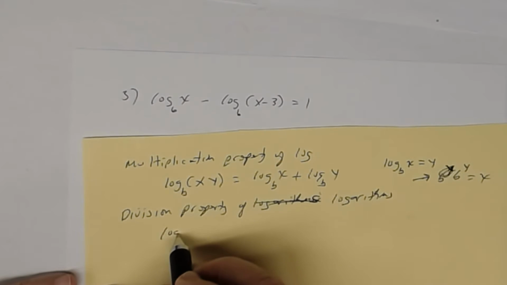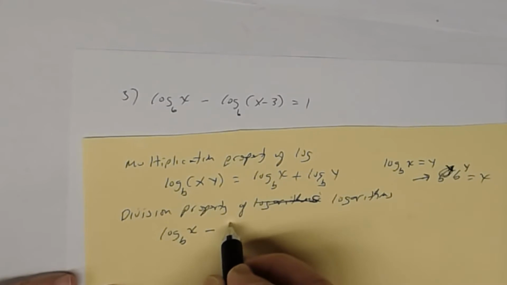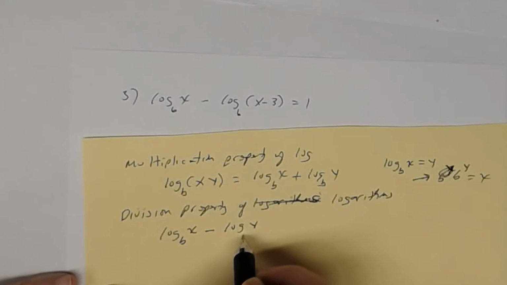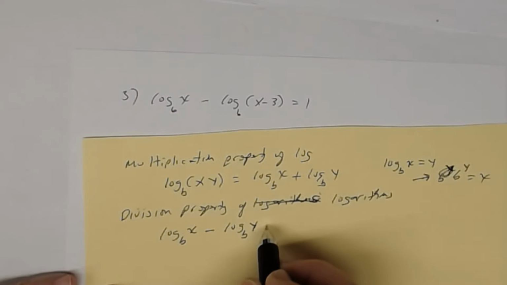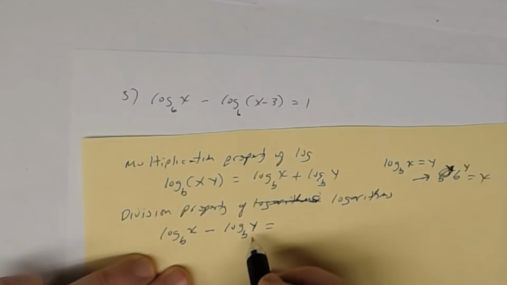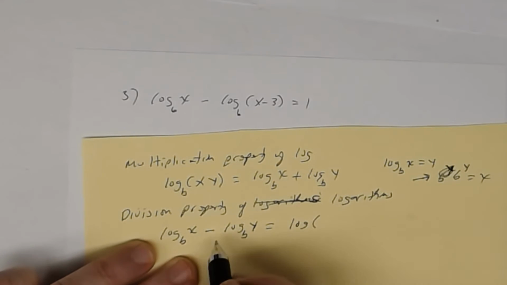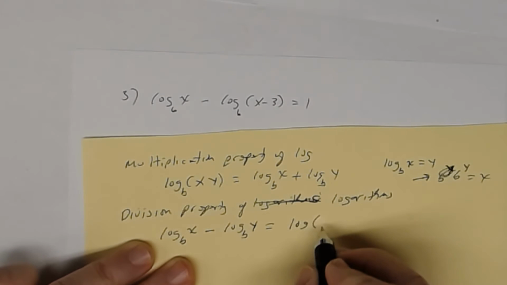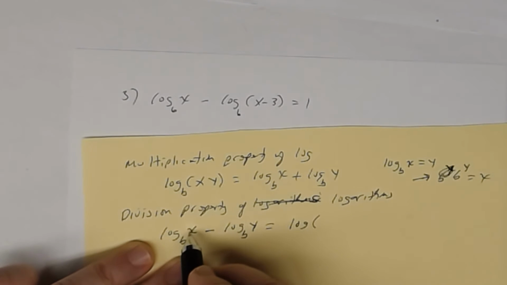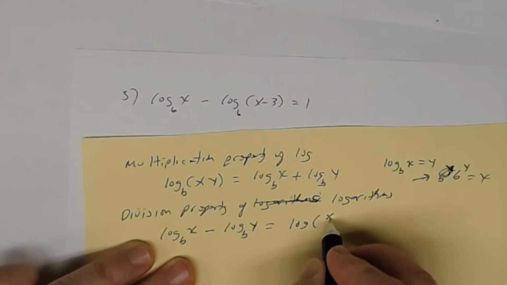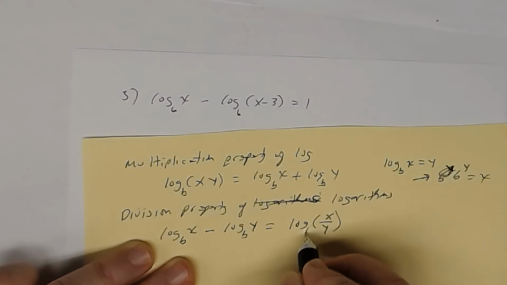The log of x base b minus the log of y base b can be written as one logarithm, and you're going to write it like this: a log of the quotient, division. Whatever's listed first, you put that in the numerator. So x divided by y, base b.